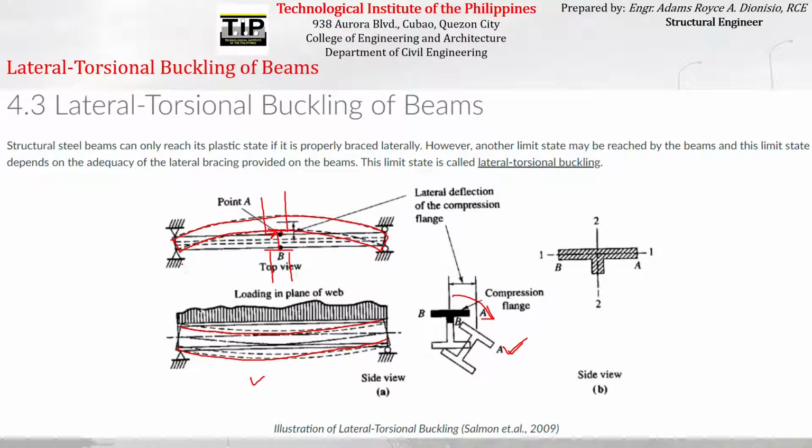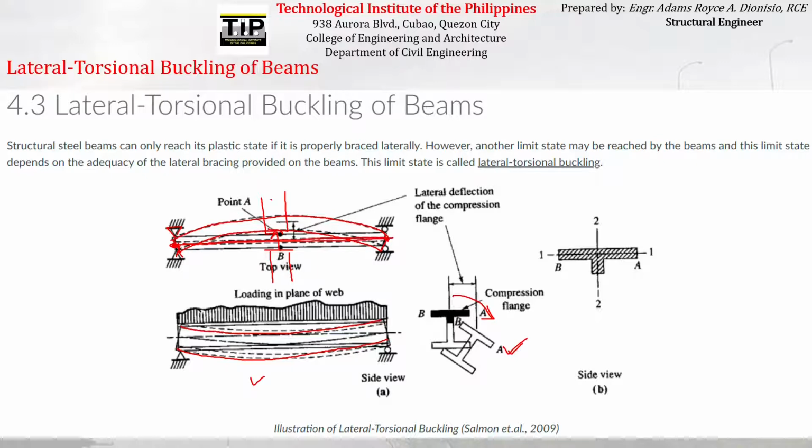We already defined what we mean by unbraced length: it is just the length of the beam that is not braced. For example, there is a bracing provided by the hinge support here, but as you go from this point to the other point, there is no longer a bracing. Therefore, that is what we call the unbraced length.